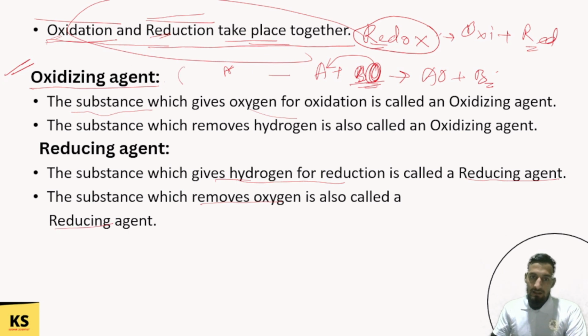So an oxidizing agent either provides oxygen or takes away hydrogen. And a reducing agent either gives hydrogen or takes away oxygen. That type of substance is called a reducing agent.